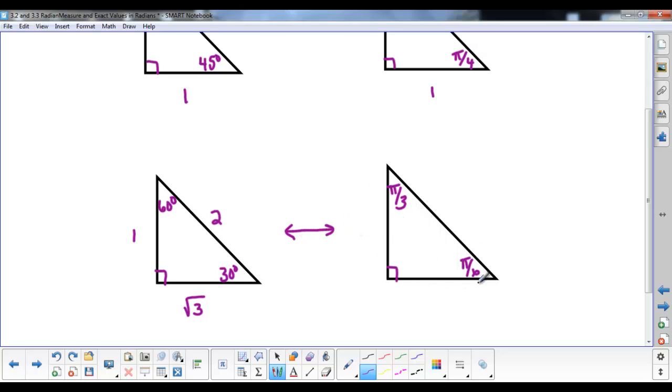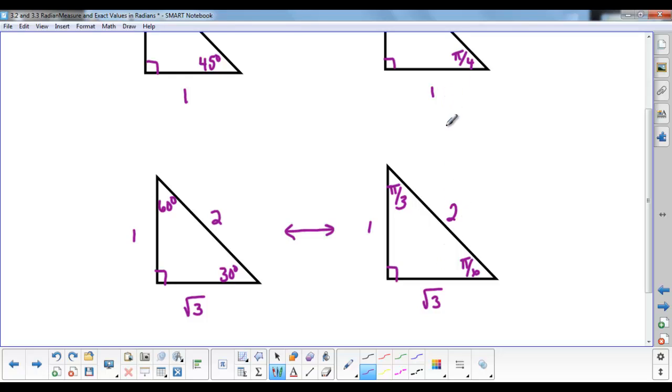Now, the way that I remember this special triangle is that the pi by 3 is opposite of the √3. So the 3's kind of go together. That's just what I keep in my head to help me memorize. So the pi by 3 and the √3 are opposite. You could still think of pi by 6 as being the smaller angle and 1 being the smallest side. That also works. And then finally we have the side length 2.